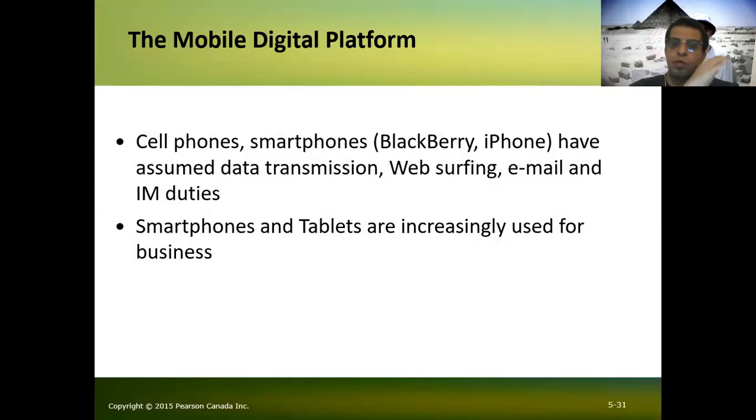You have heard of the mobile digital platform, like cell phones, smartphones, BlackBerry, iPhone, which have assumed data transmitting, web serving, email, and IM duties. Smartphones and tablets are increasingly used for business. The challenge is that there is programming and there is a frame for the programming.